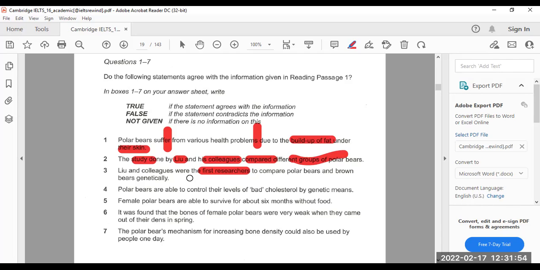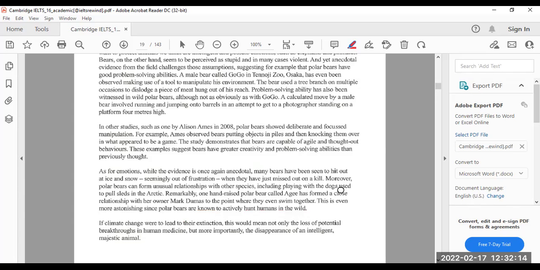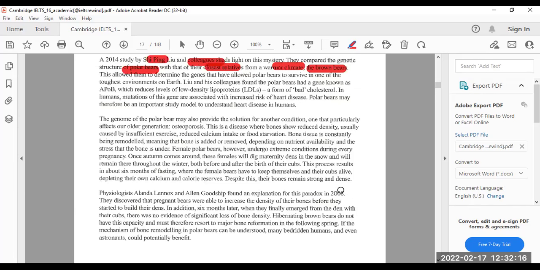Able to understand? So next is, polar bears are able to control their levels of bad cholesterol by genetic means. So with this, I go to the passage.